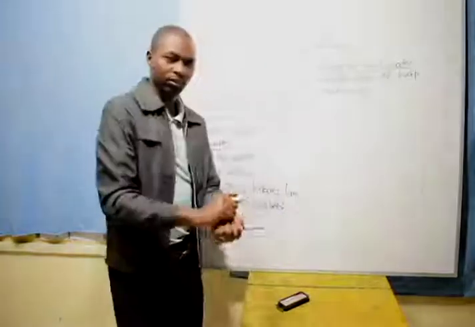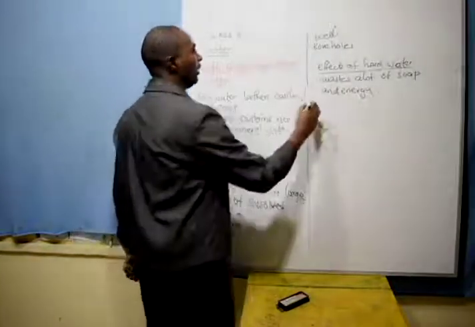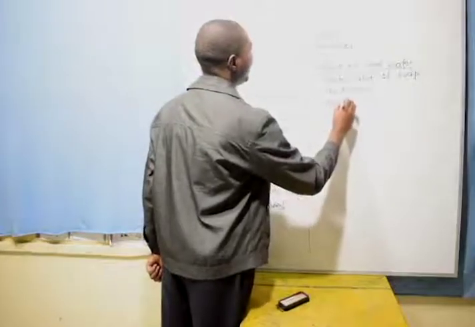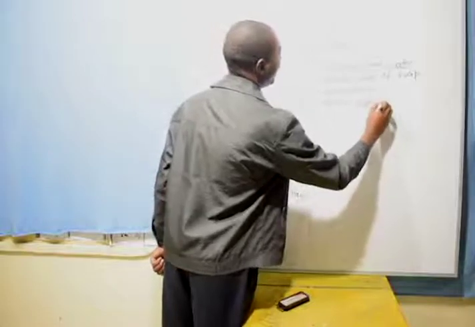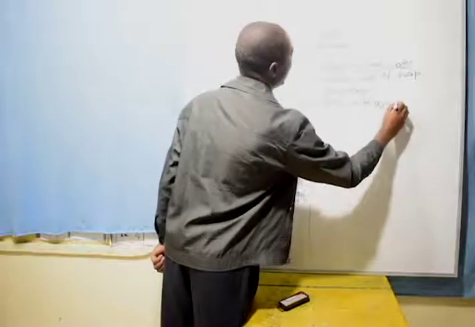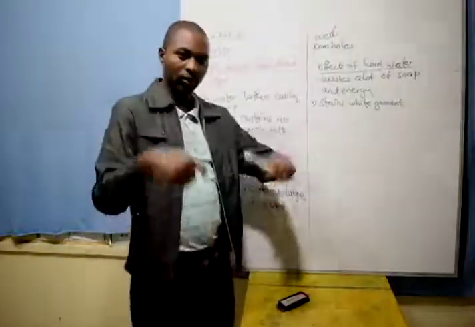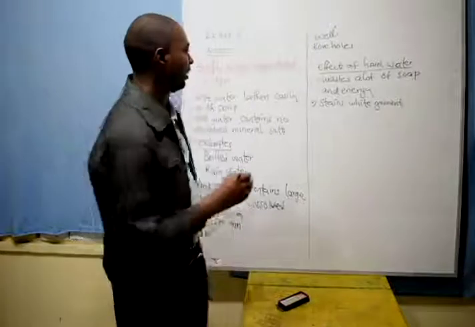You find yourself squeezing the clothes much. Number 2, it also stains white garments. You happen to wash clothes using this water. The moment that clothes is getting out of water, it gets some stains.